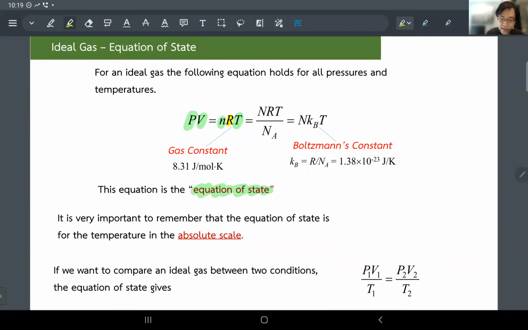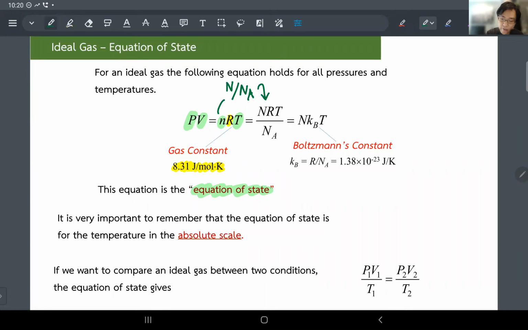It has a specific value, 8.31 joules per mole Kelvin. If you want to pair the left side of the equation with the capital N, you just convert that small n, because the number of moles is the total number of molecules divided by the Avogadro number.